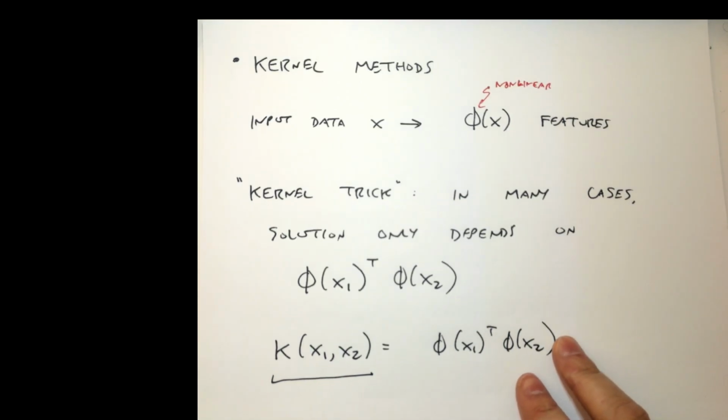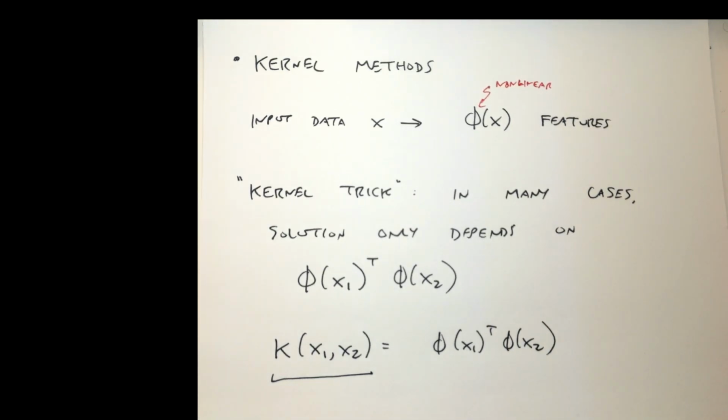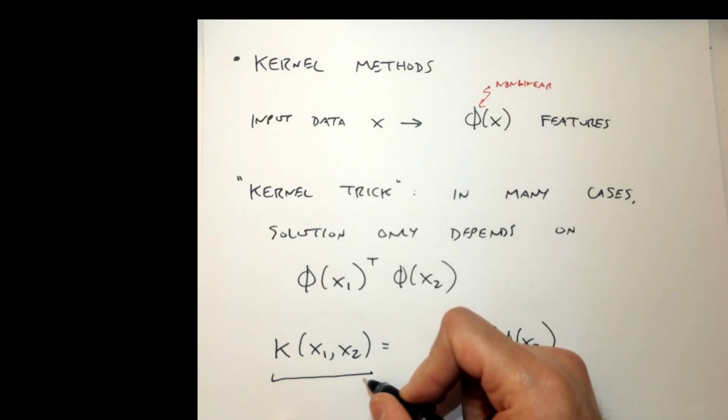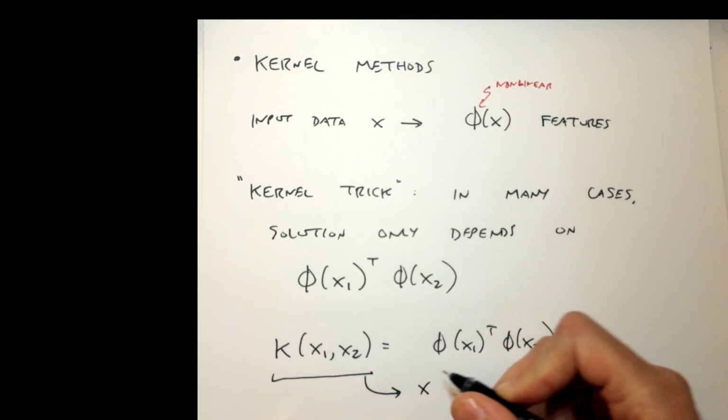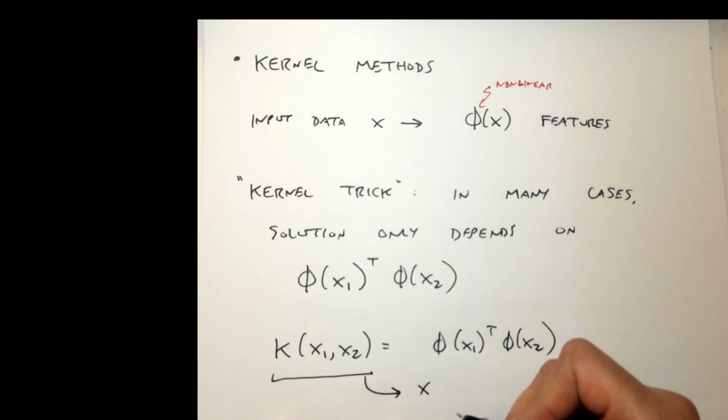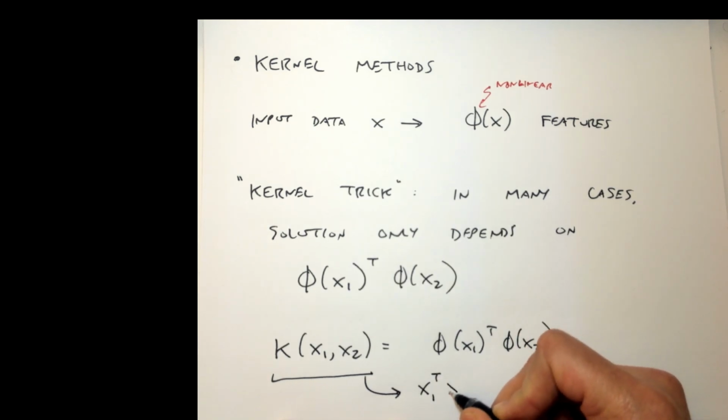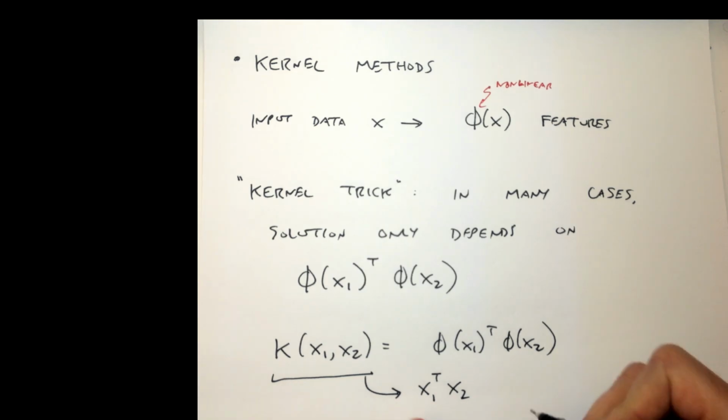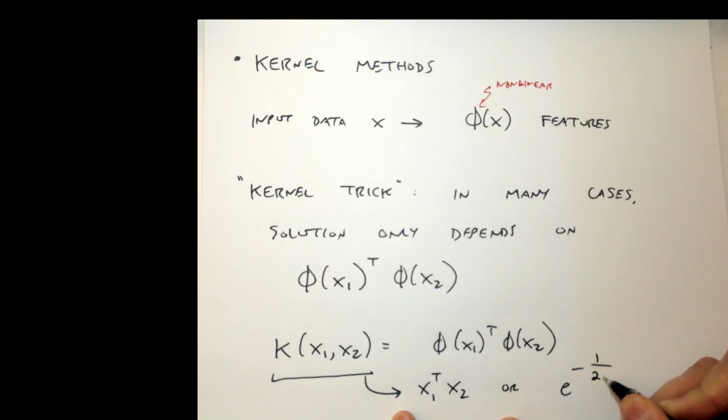For example, you might choose a simple function like a Gaussian kernel. If I just want an easy basis, I might say this is equal to x1 transpose x2. Or I might say it's equal to e to the minus 1 over 2 sigma squared times x1 minus x2 squared, or something like this, right?